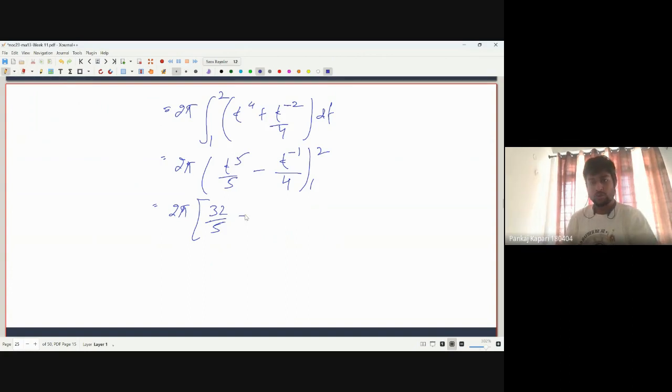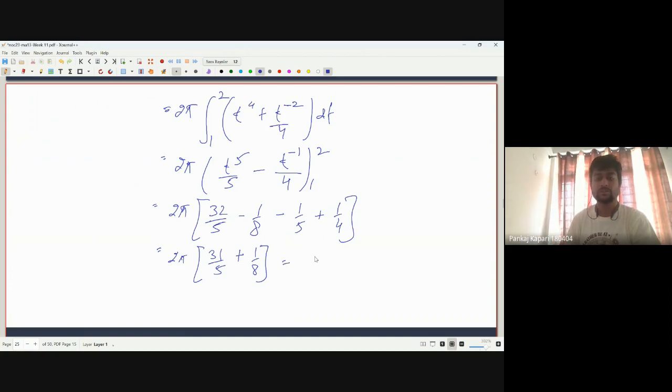So if you put 2, then you have to find inverse of 2, which is half. That means 1 by 8. Now you have to put 1. It will give you 1 by 5 and plus 1 by 4. 2 pi times 31 by 5 minus 1 by 8 plus 1 by 8.